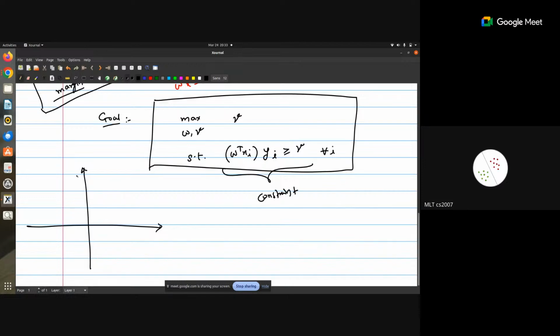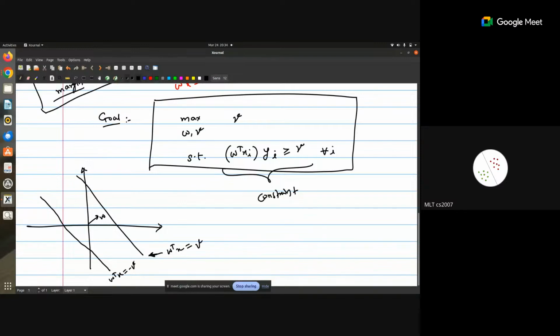I'll just use the same figure here. Sorry, this is not the correct one, but you understand. If this is W, this is W transpose X equal to gamma, and this is W transpose X equal to minus gamma.